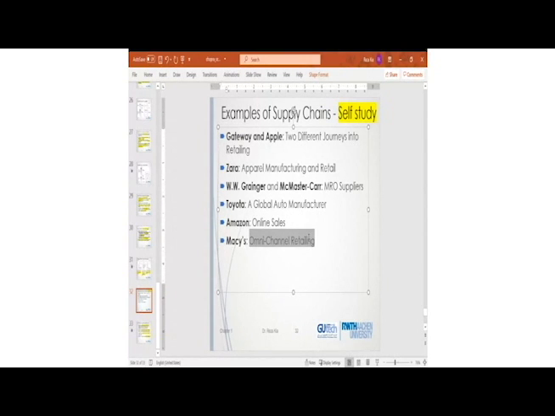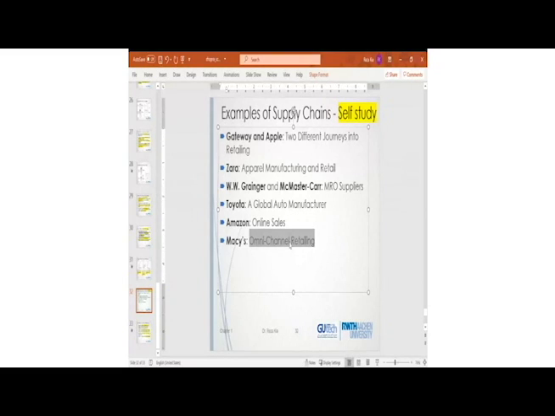In this example, you will see the meaning of omni-channel retailing, and maybe later in this course we will have a more detailed discussion about it. So when you provide different alternatives for your customer to purchase your product, it's omni-channel retailing.